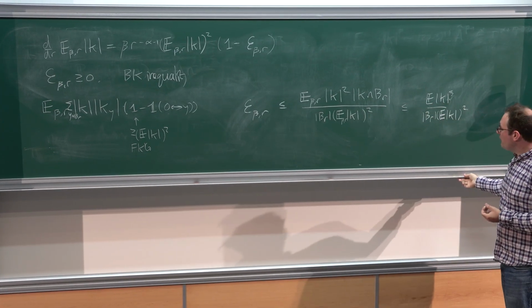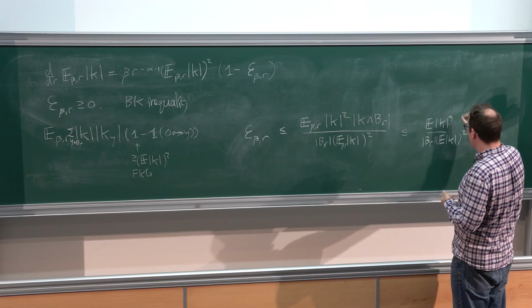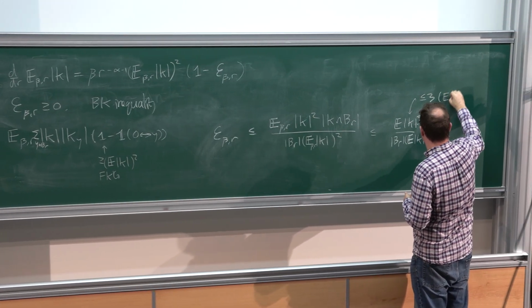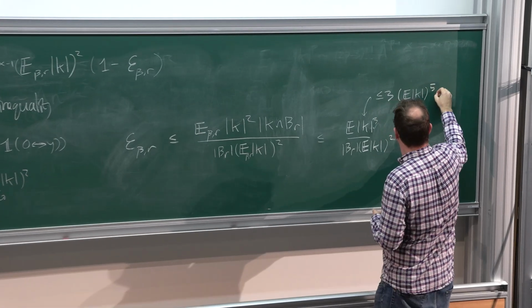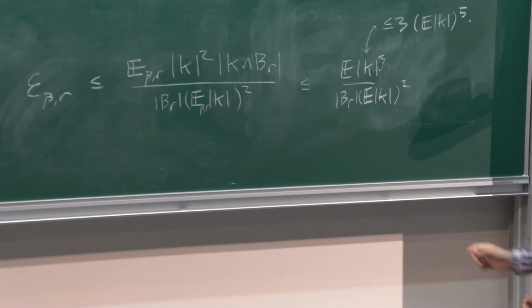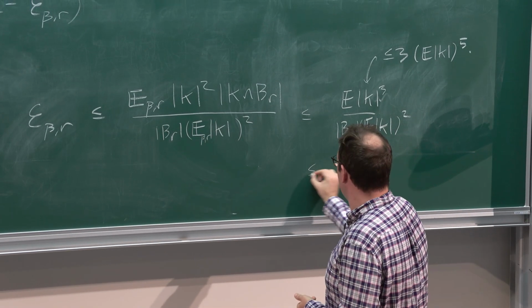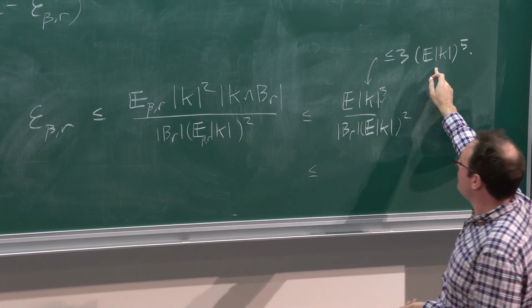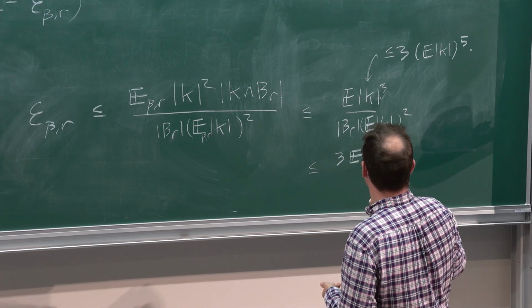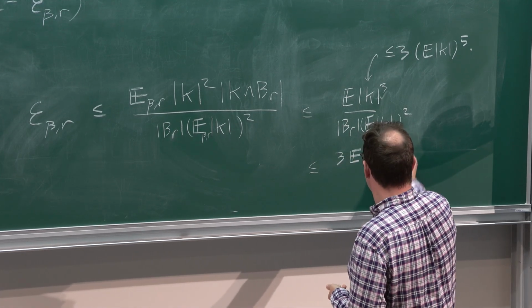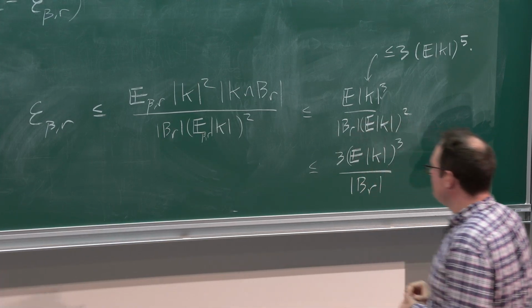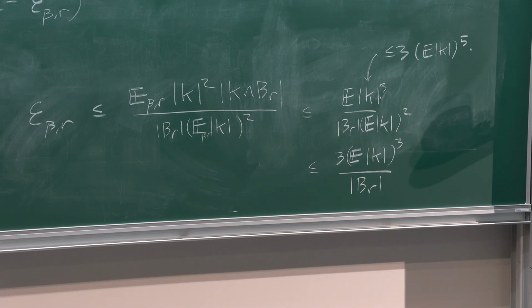And we remember the tree graph inequality, that this third moment here is bounded by 3 times the fifth power of the first moment. And so, using the tree graph bound and then cancelling the powers, we get 3 times the cube of the first moment divided by the volume of the ball.